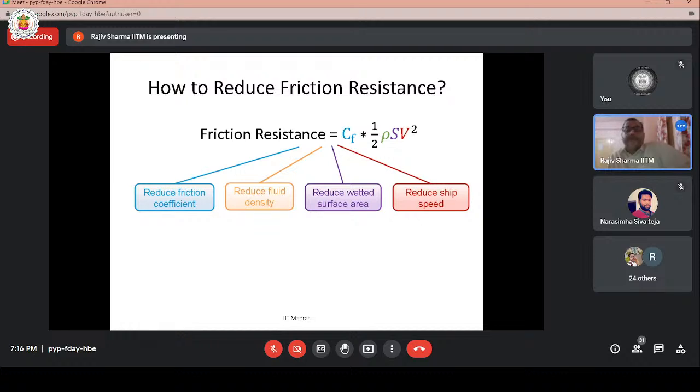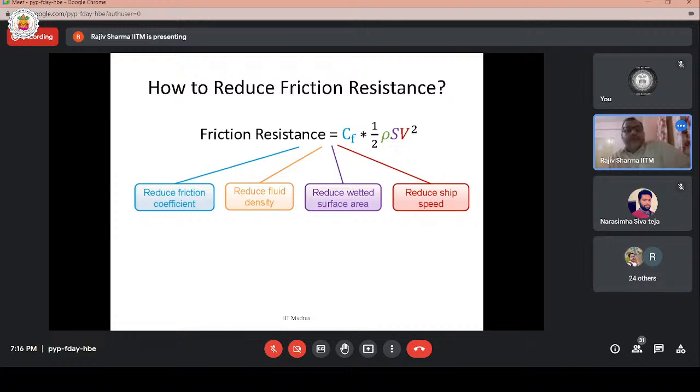Reduce the ship speed. The catch is, except the first one, others are either not in your hand or the economics doesn't allow it. For example, reduce fluid density. You are running in water, and that water is lake water, sea water, canal, river, depending upon what kind of business you have.